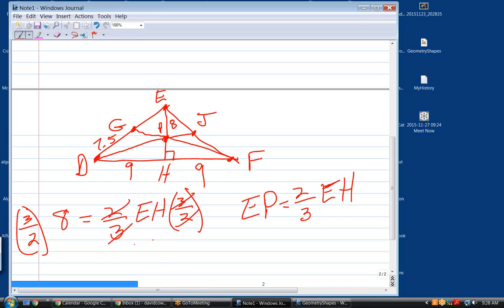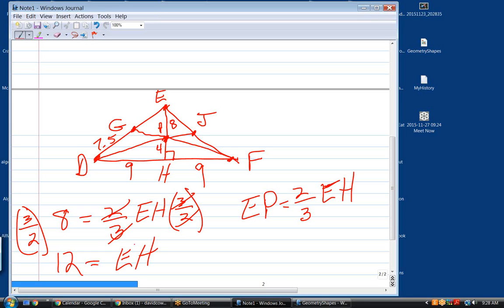So it's really better to think about it as multiplying by the reciprocal rather than dividing by the fraction. It turns out to be the same thing, but this ends up being 12. Which means 8 is 2/3 of 12, so this little segment here is 4.